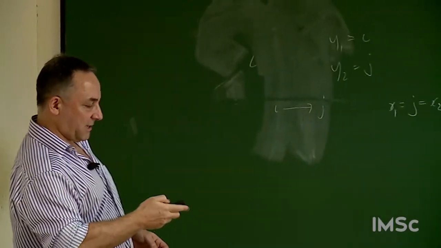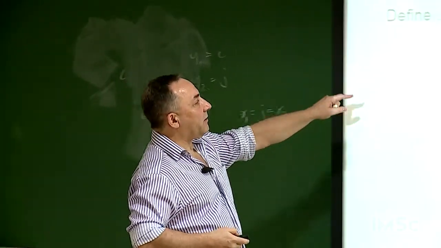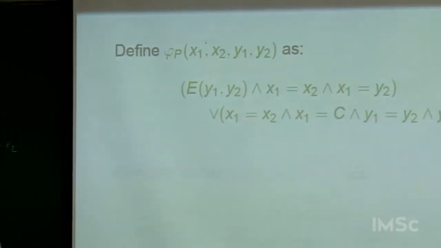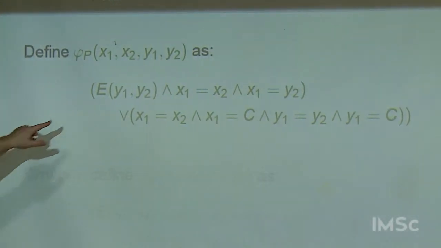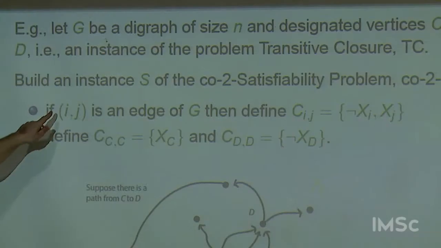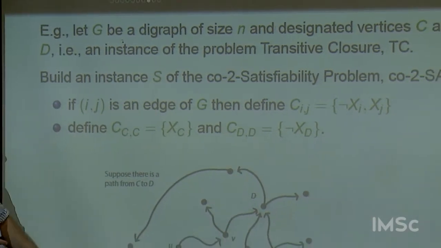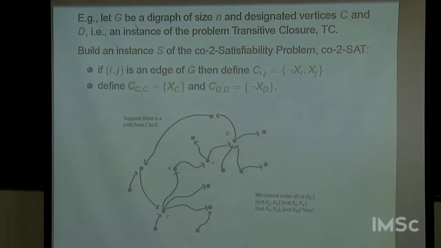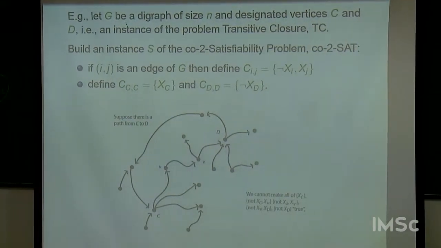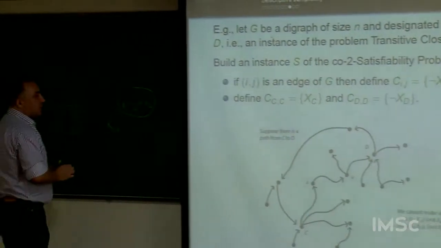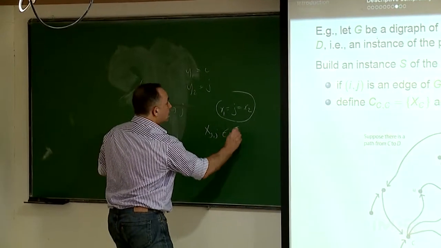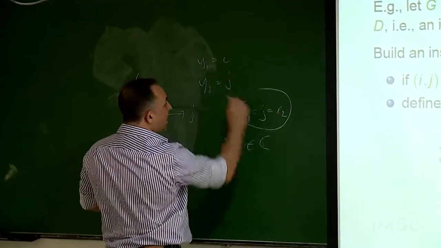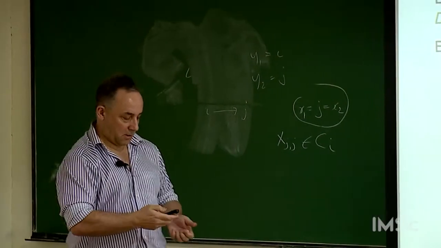Then essentially what I'm saying is that for this to be true, it will only be the case when this edge exists, which is what I want, and xj, which I interpret as xjj, is in clause cy1 i.